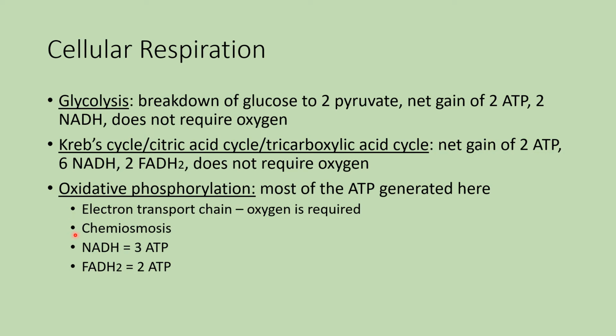And then the final step is chemiosmosis, as we'll see, the process of helping make the ATP. And this is where the NADHs and FADH2s, those electron carriers, come into play. For every NADH that you generated in these steps up here, you will generate 3 ATPs. And for the FADH2s that were created here, for each one, you will generate 2 ATPs.